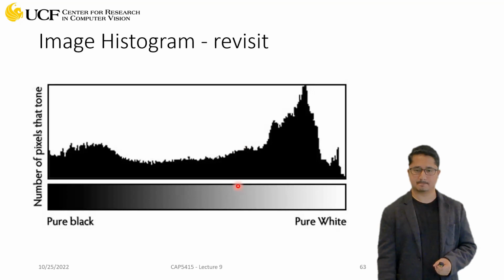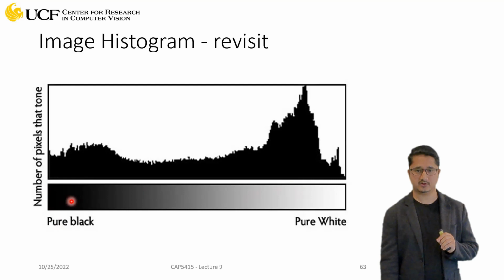That was a normal bin-based histogram, and this is another example, showing a histogram of a real grayscale image. Here you can see that the x-axis shows the intensity of pixels starting from 0 all the way up to 255, which is pure white, and 0 is pure black. The y-axis counts the number of pixels you have of that particular tone.